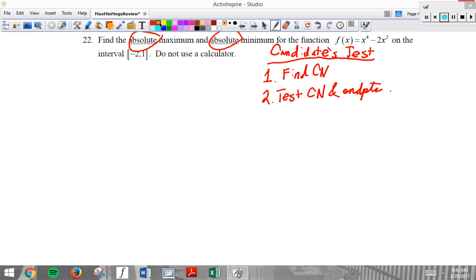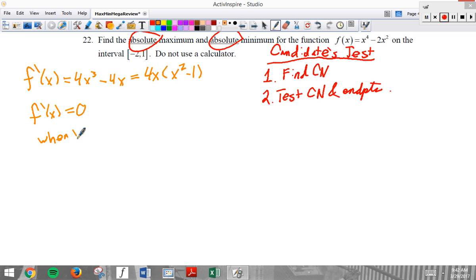We're finding the critical numbers. f prime equals 4x cubed minus 4x. Factor: x squared minus 1. So f prime of x equals 0 when x equals 0, 1, and negative 1.